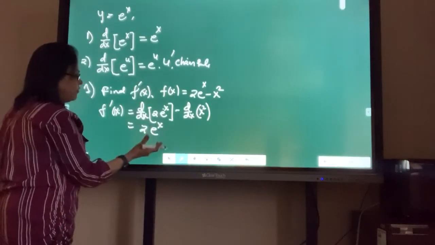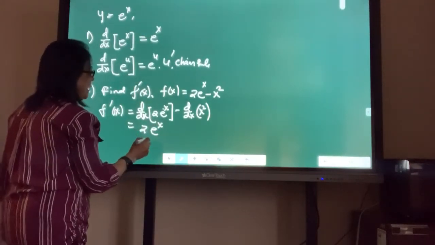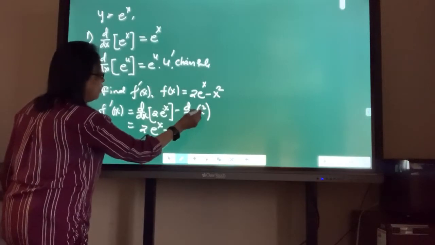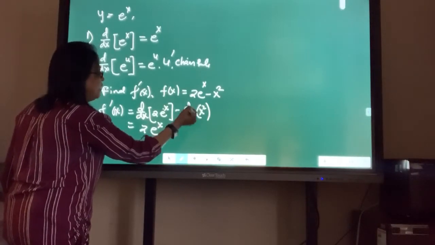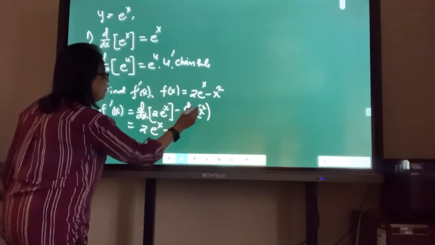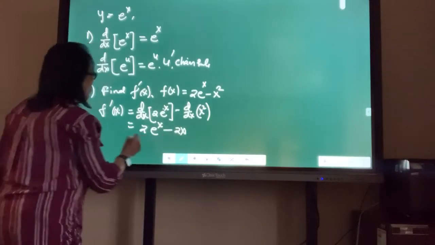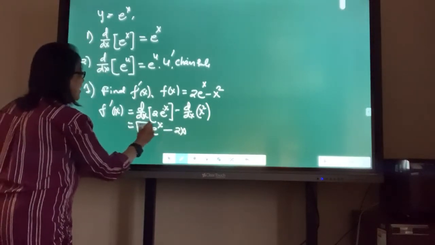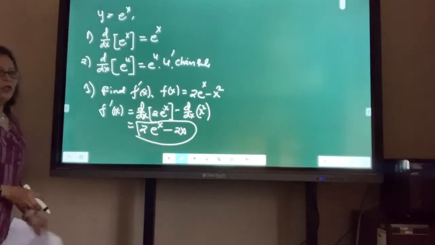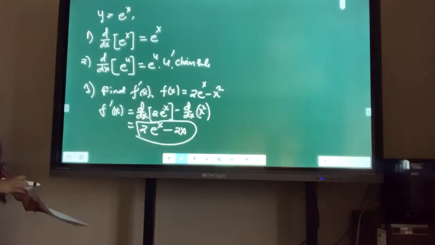So this will just be 2 e to the x. Minus, there's no exponential here, it's an algebraic function, so use the power rule of derivative, and this becomes 2x. So the final answer of the derivative is just like that. Okay, so this is one example for using this rule.